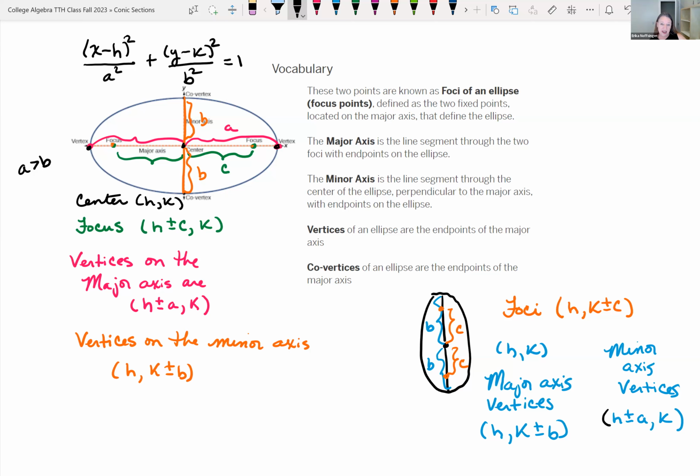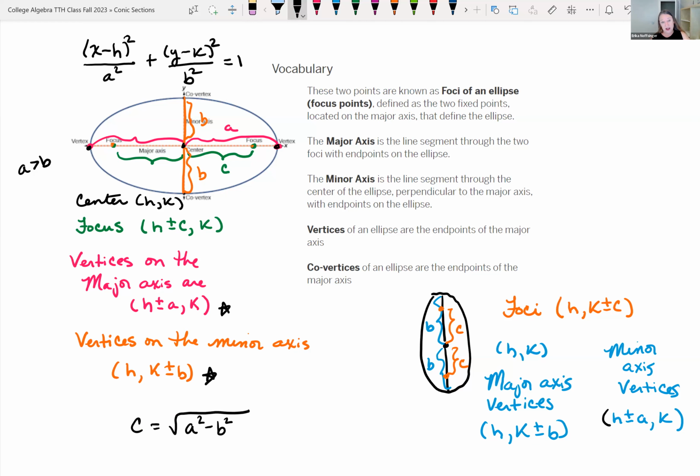And so we would have h comma k plus or minus b. Foci, we would get c, we take the square root, it's a length, is equal to the square root of a squared minus b squared.